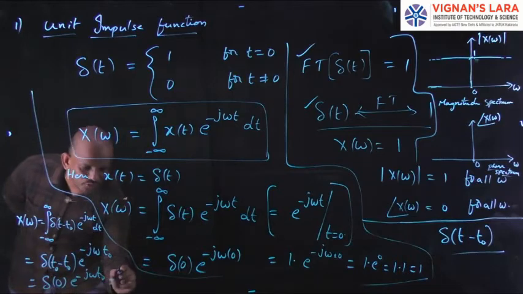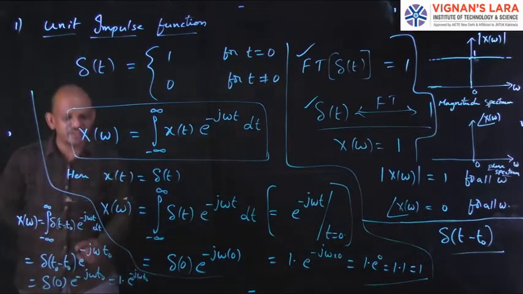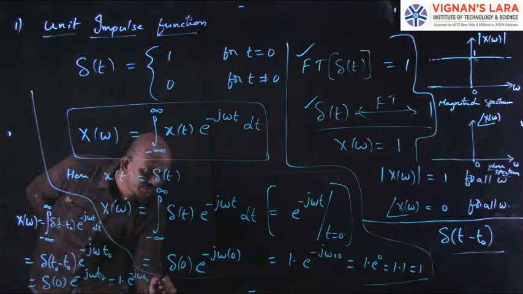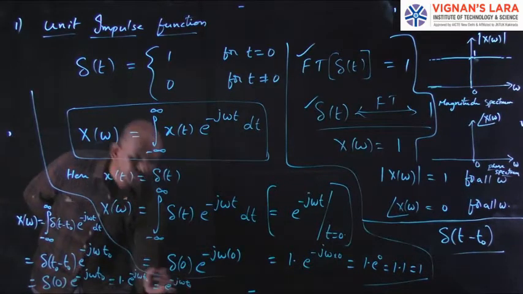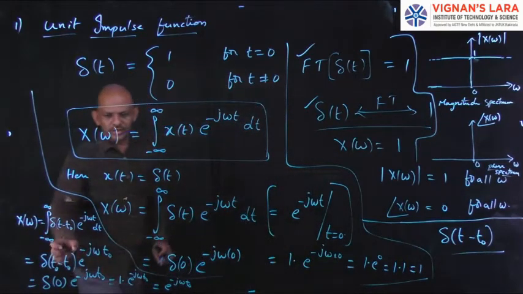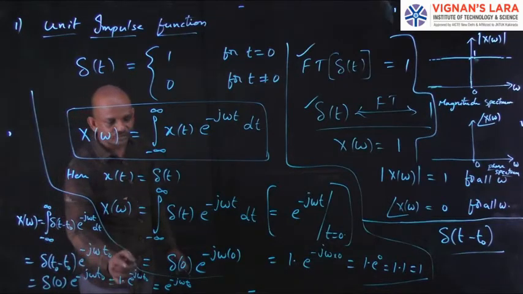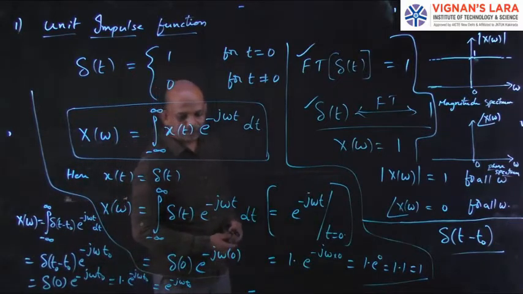So 1 into e power minus j omega t naught. The final answer for this will be e power minus j omega t naught. Simply, del of 0 into e power minus j omega t naught, where del of 0 is 1, will be equal to e power minus j omega t naught.